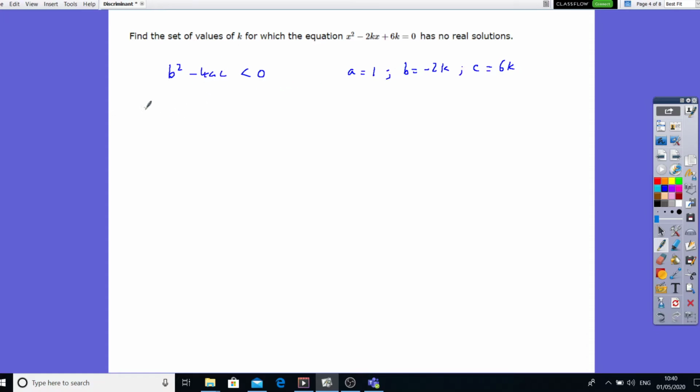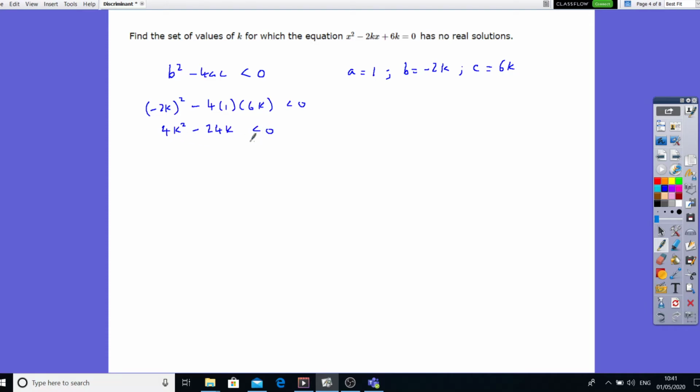Sub it into the discriminant, we'll get minus 2k squared minus 4, a is 1 and c is 6k, which is less than 0, so that's going to give me 4k squared, and 6, 12, 18, 24 minus 24k, which is less than 0.